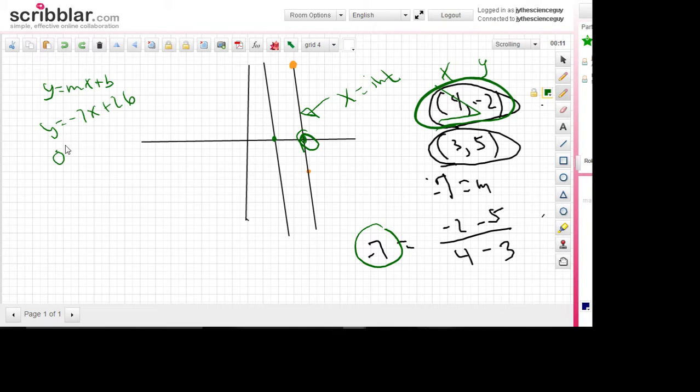Okay, so this is that line. So I'm going to do it in a different color. So what's the solution of that system of equations then? It's the middle in between those two lines. Yeah, and I'll do that in a different color.